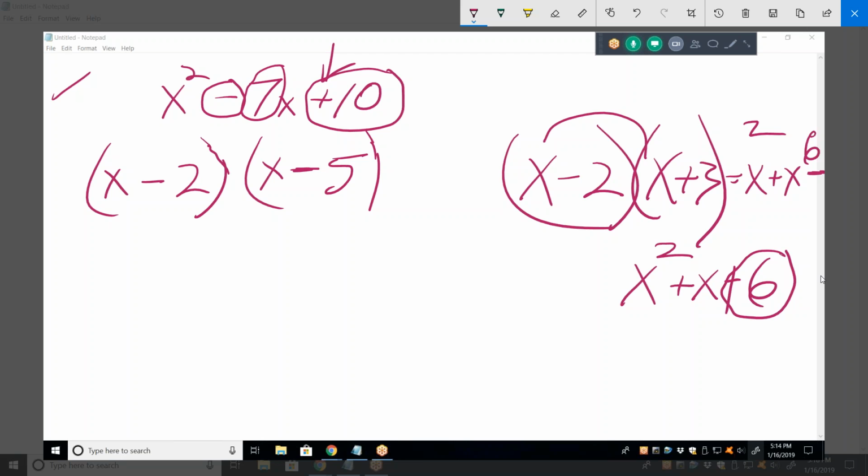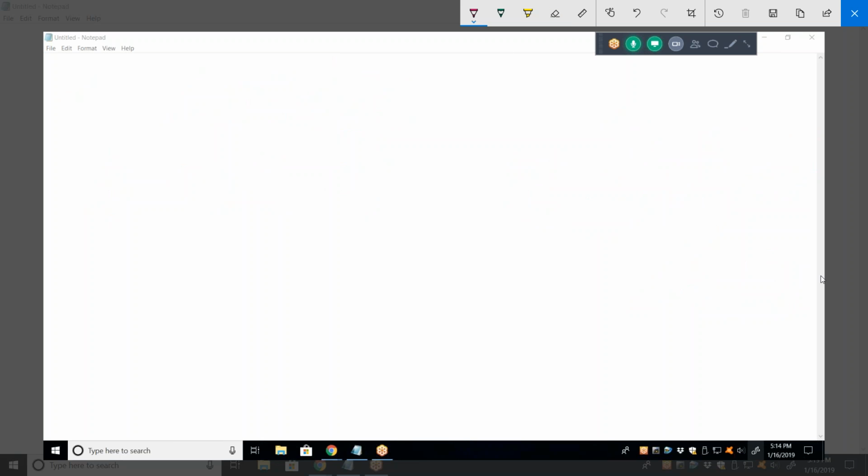I can put the 2 and 5 like that, or I can put 5 and 2. So this is what I call a first order level of difficulty. These are really easy. There's really only 3 steps. You don't have to fool with that California method or diamond method or whatever they want to call it.